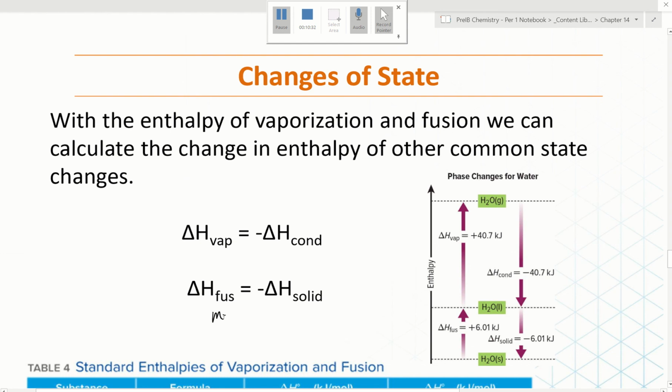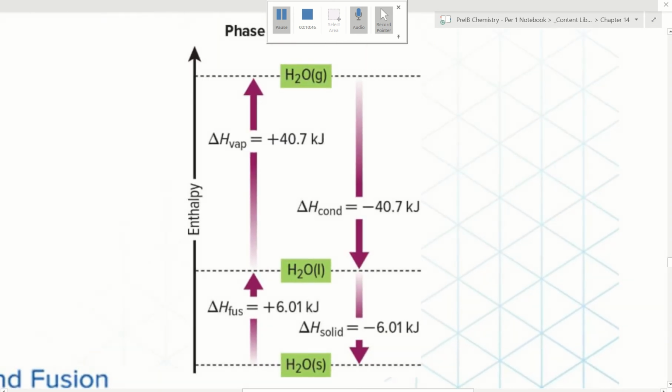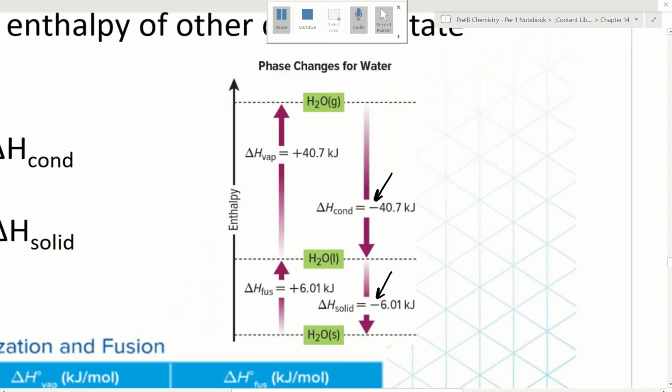So this is melting, this is freezing, this is condensation and vaporization, which is the way you're used to looking at it. So you can see here vaporization and condensation are reverse processes. You can see that negative sign showed up there and here, but numerically they're equal.